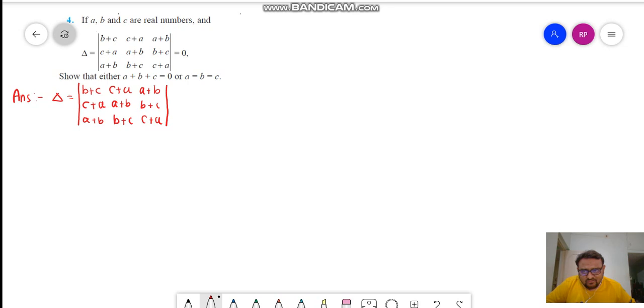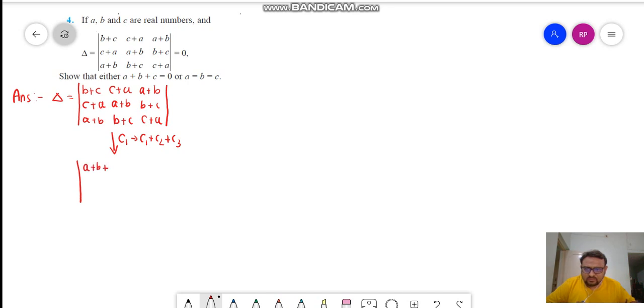Right? So what I will do, I will add all the columns. What I can do here is C1 goes to C1 plus C2 plus C3. Okay, so see what will happen.